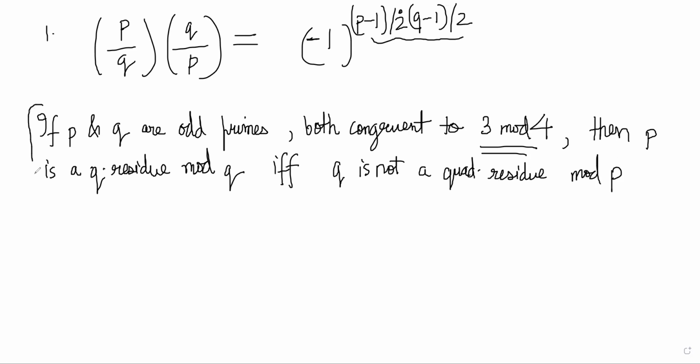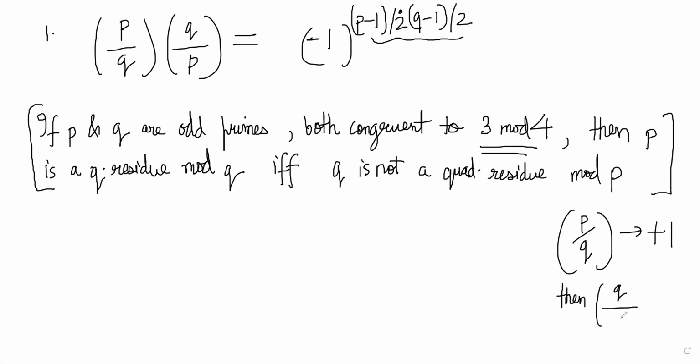So if P and Q are both odd primes congruent to 3 mod 4, then P is a quadratic residue mod Q if and only if Q is not a quadratic residue mod P, because the values of the Legendre symbols in this case must be opposite. If this is plus 1, then Q over P must be minus 1, right?